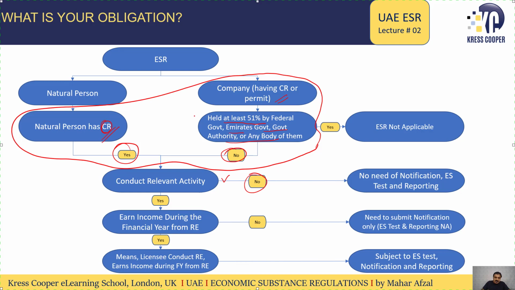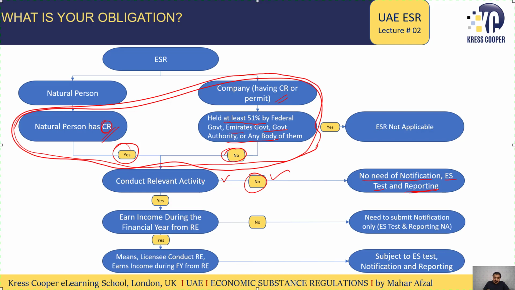So if the licensee is not conducting the relevant activity, no need of notification, no need of economic substance test, no need of reporting.